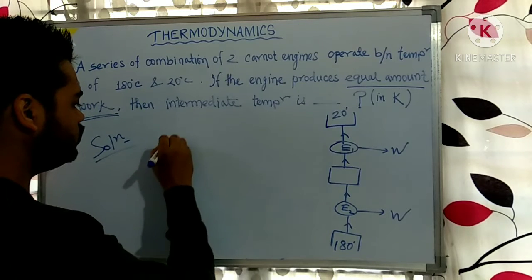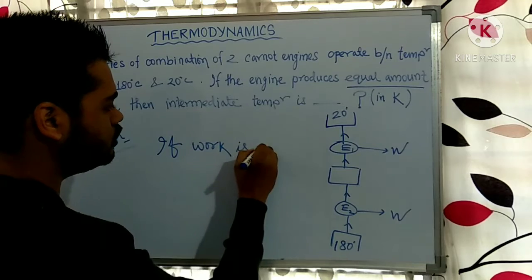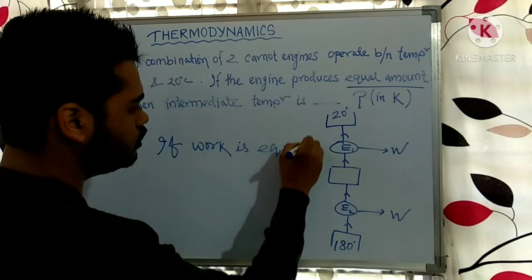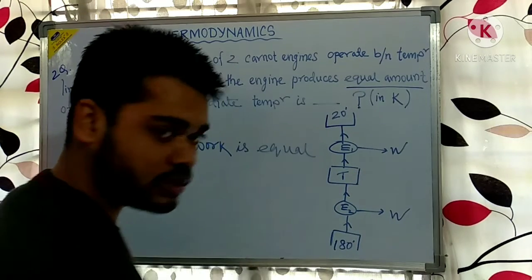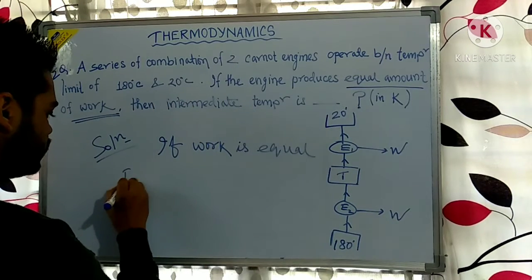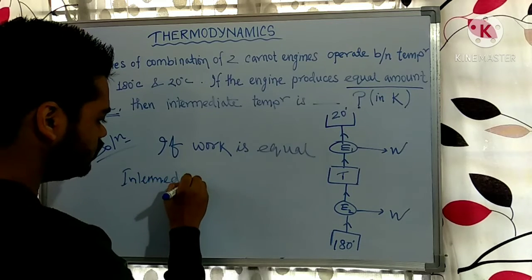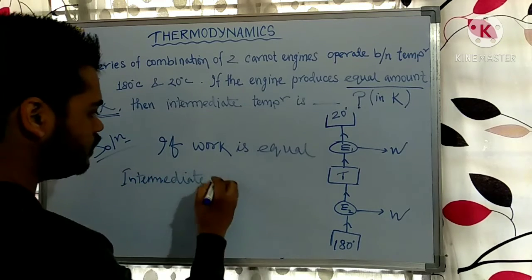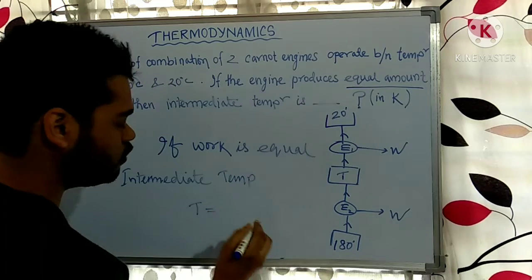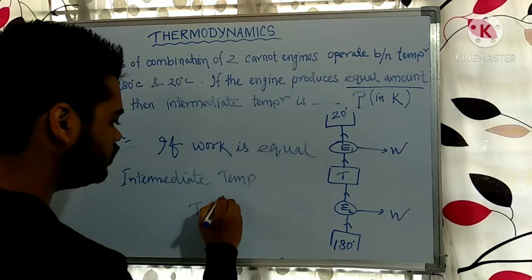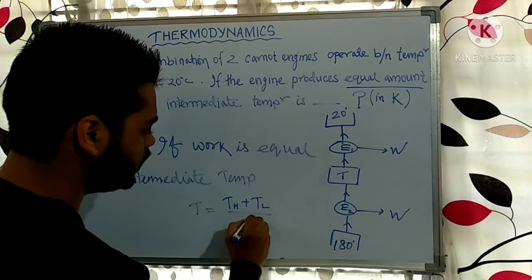So if work is equal for both engines, then this intermediate temperature, suppose T, will be equal to T higher plus T lower divided by 2.